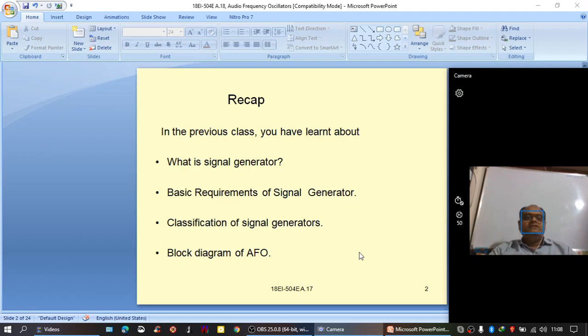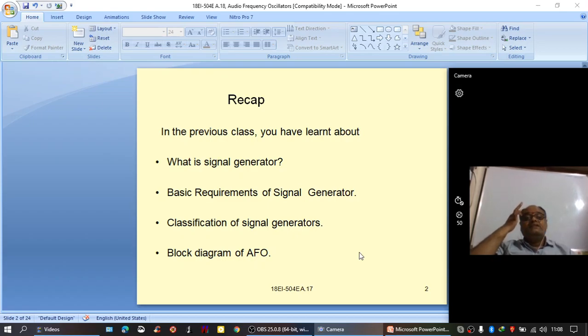A signal generator is a source of AC signal which provides variable frequency signals either in analog or digital format. It can provide signals of various shapes such as sine wave, rectangular, triangular, ramp, and spikes, etc.